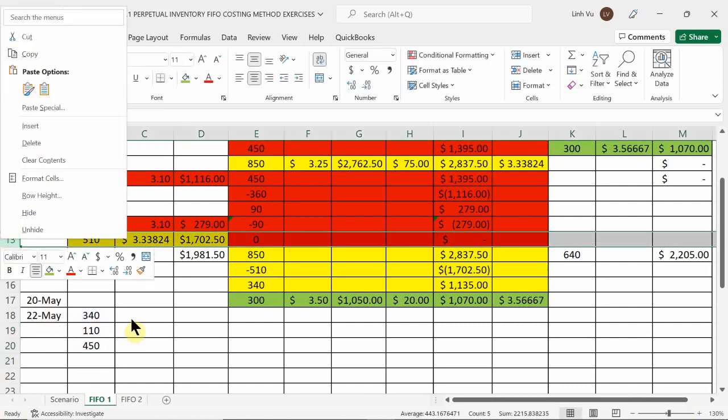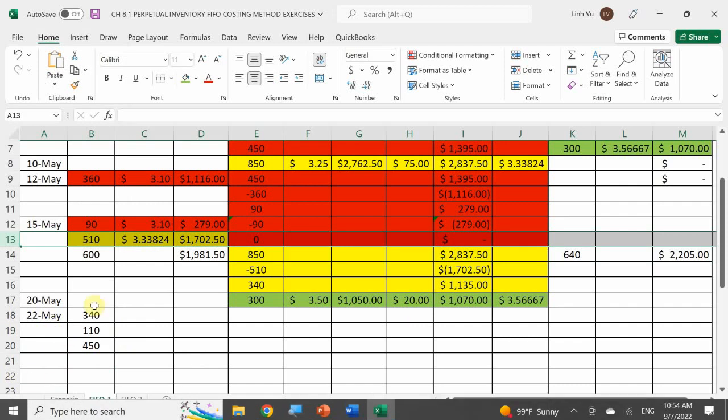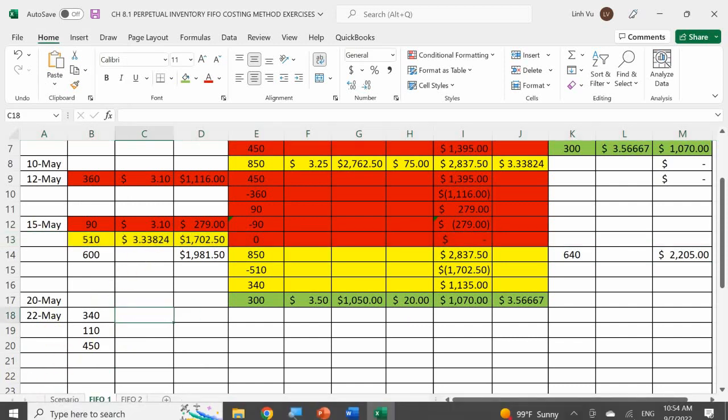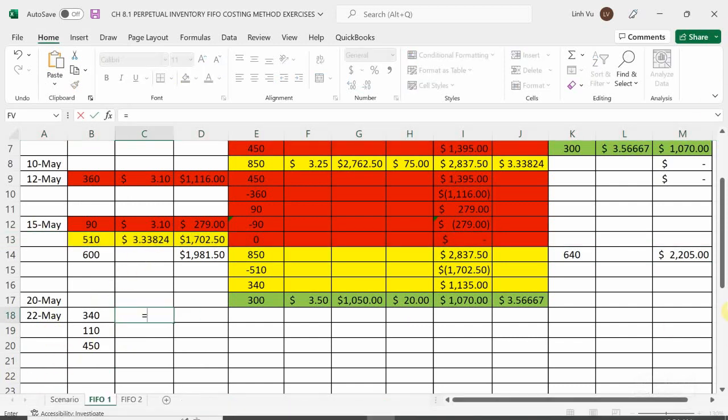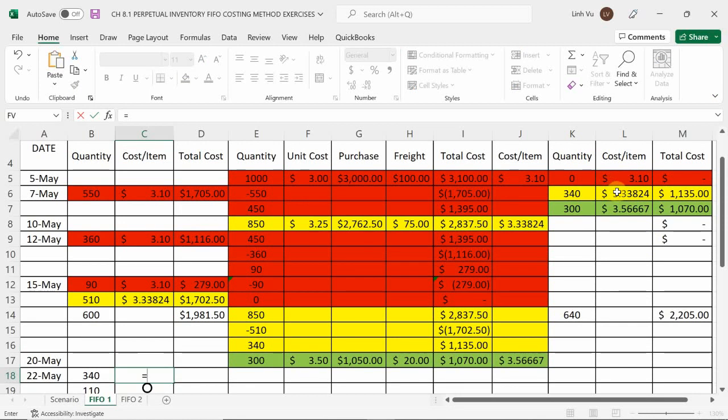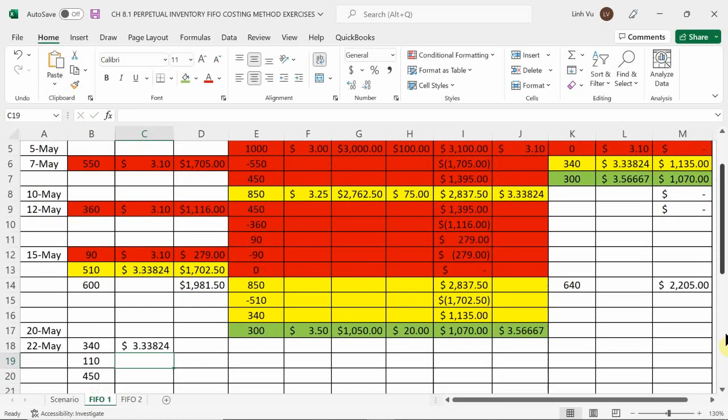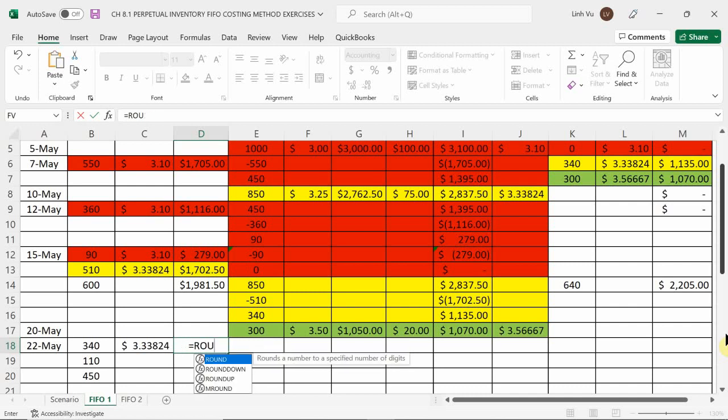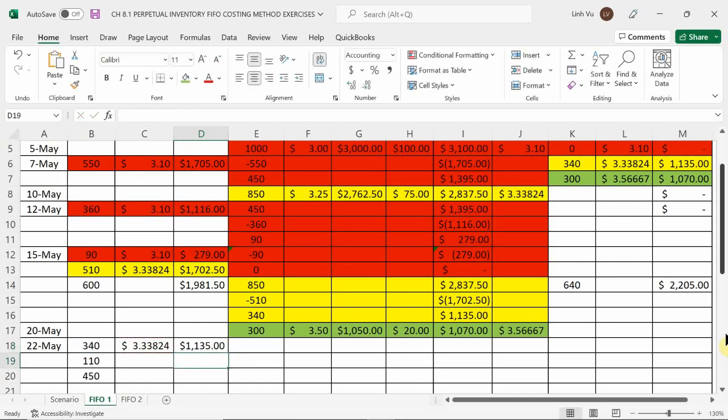My yellow batch, which we currently know is at 3.3824, results in a grand total of $1,135.